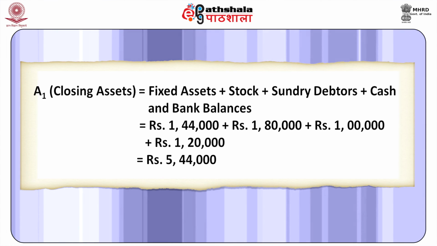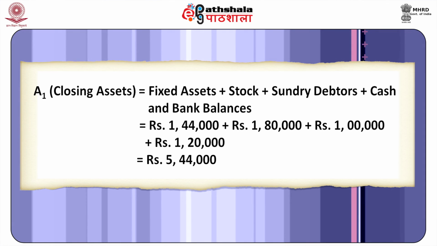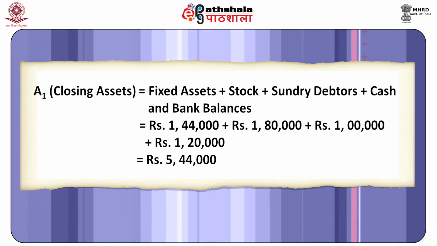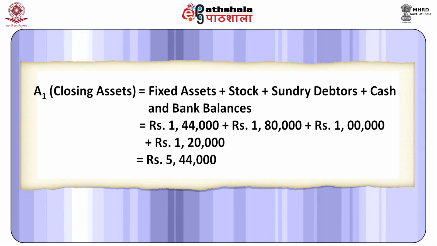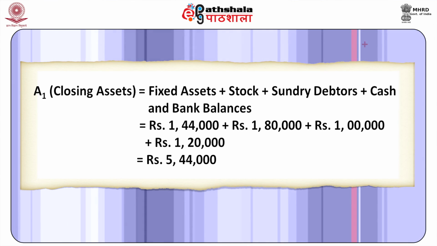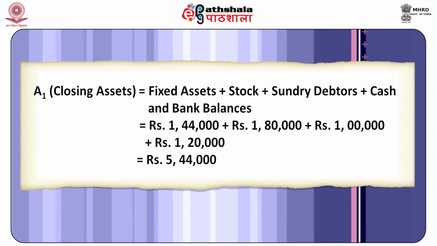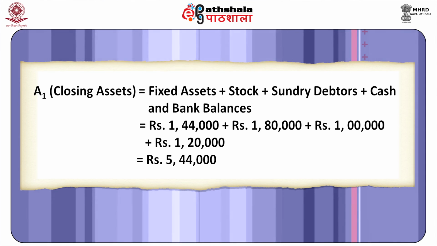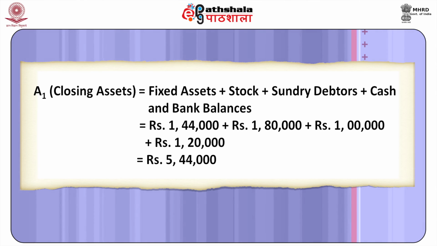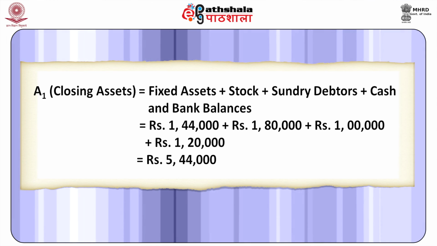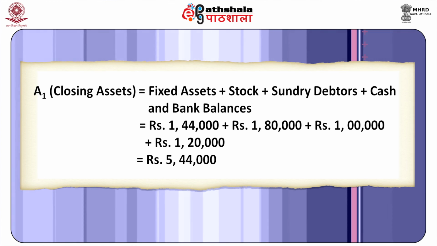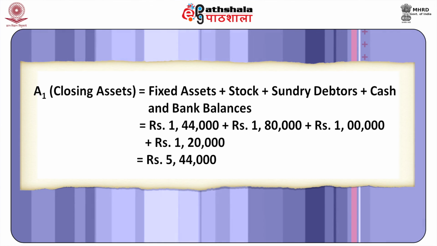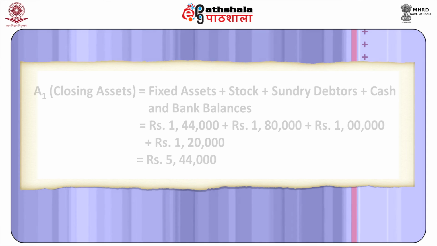Now let's come to the B part, determination of values of L1 and A1. Here A1, that is closing assets, is equal to fixed assets plus stock plus sundry debtors plus cash and bank balances, where rupees 1,44,000 plus 1,80,000 plus 1 lakh plus 1,20,000 will amount to rupees 5,44,000.